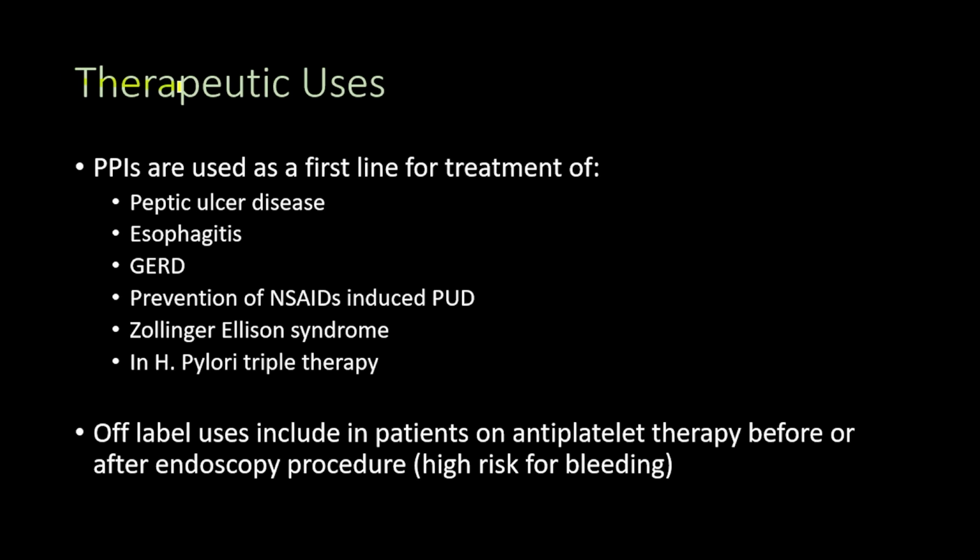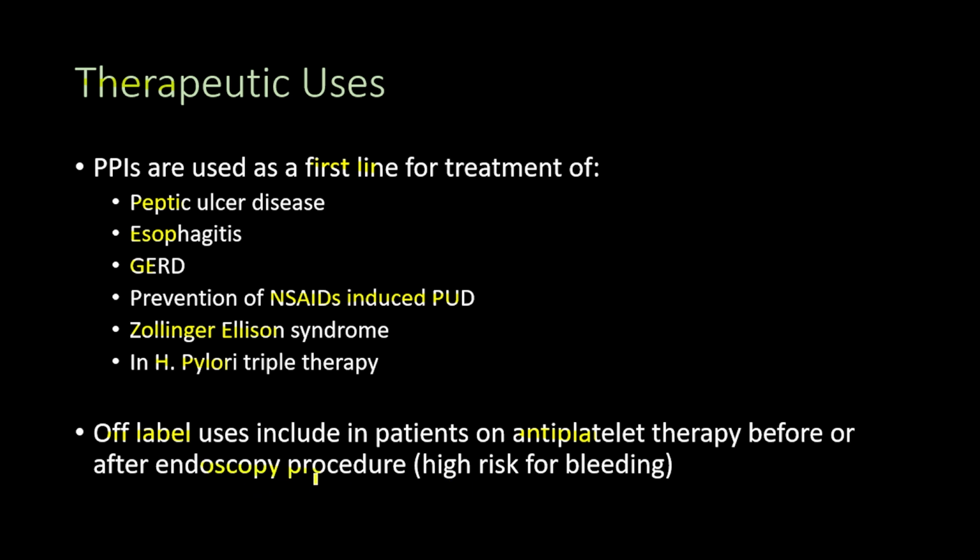For their therapeutic uses, they are used as a first line for treatment of peptic ulcer disease, esophagitis, and gastroesophageal reflux disease, and for prevention of non-steroidal anti-inflammatory drug induced peptic ulcer disease, and for treatment of Zollinger-Ellison syndrome, and in treatment of H. pylori triple drug therapy.